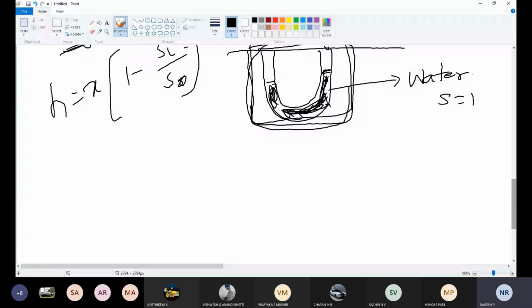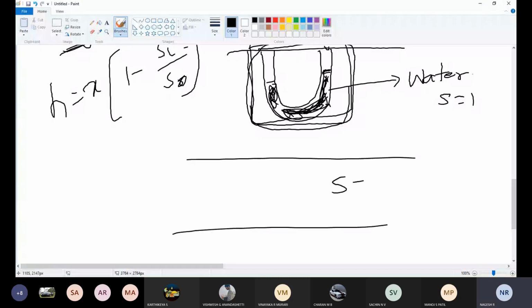Let me give one piece of information. You tell me whether it is the higher liquid formula or the lighter liquid formula. The liquid flowing through the pipe has a specific gravity of 0.6, S is equal to 0.6.